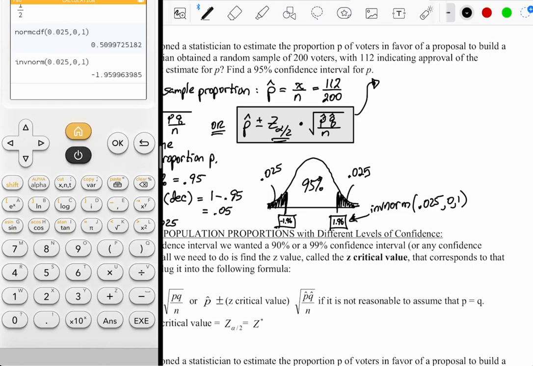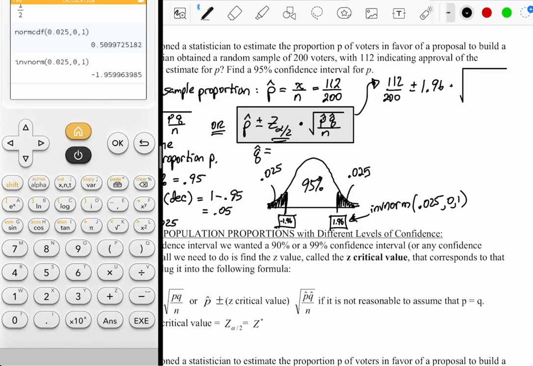So p hat 112 over 200 plus or minus 1.96 times the square root of p hat q hat over n. Now the q and p are related in that they're complements of one another. So q hat, oh, that looks terrible.